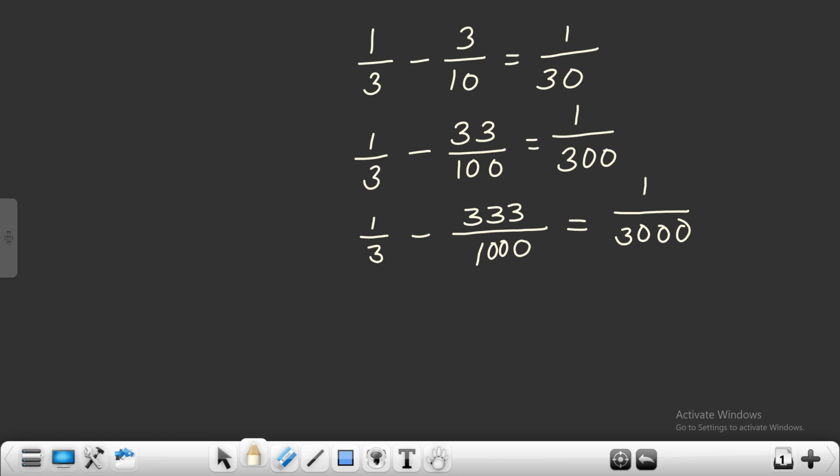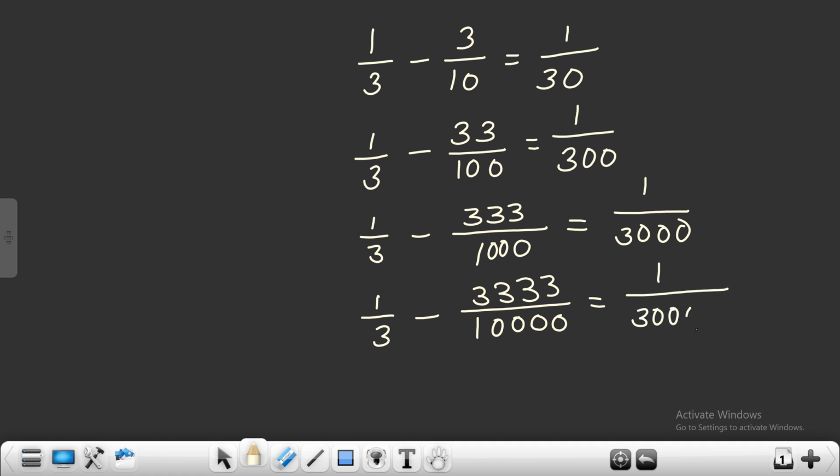By the next step also similarly we can write 1 by 3 minus, here 4 threes, that is 3333 by 10,000 is equal to 1 by 30,000, and so on.